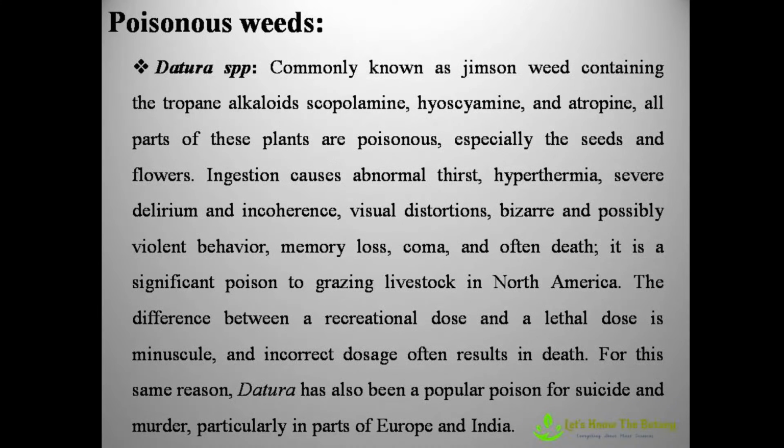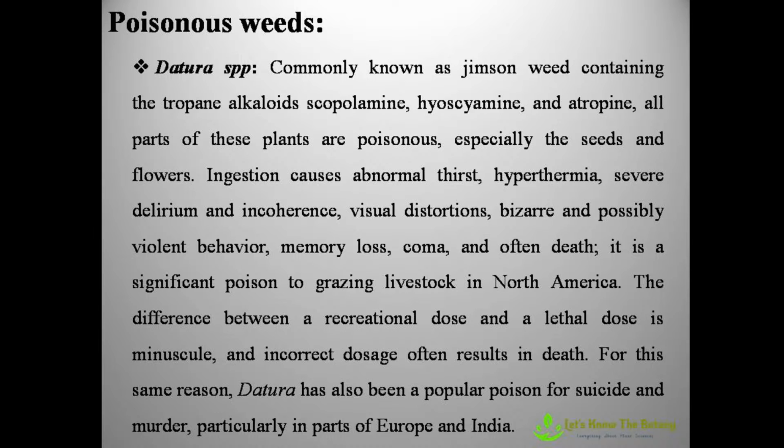Then another plant is Datura species, also known as Jimson weed, which has tropane alkaloids, scopolamine, and then atropine. All parts of this plant are poisonous, especially the seeds and flowers.